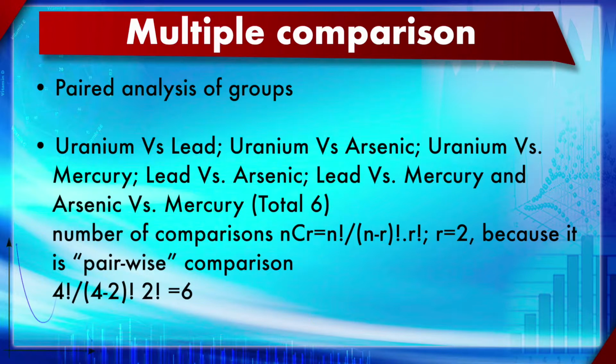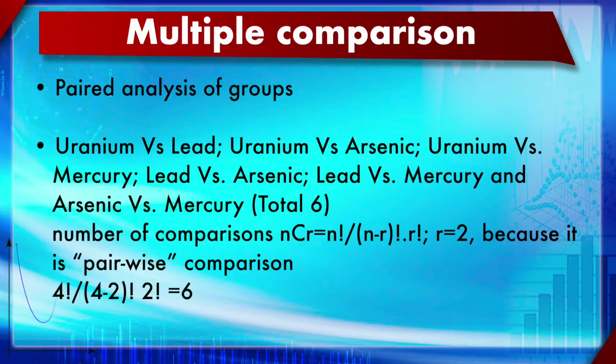nCr is equal to n factorial divided by (n minus r) factorial multiplied by r factorial. Factorial is written with an exclamation symbol, n!. That means if n is 6, n factorial is 6 multiplied by 5 multiplied by 4, all the way to 1. That is the meaning of factorial. I will explain more about factorial, permutation and combination in the module where we discuss permutations and combinations.